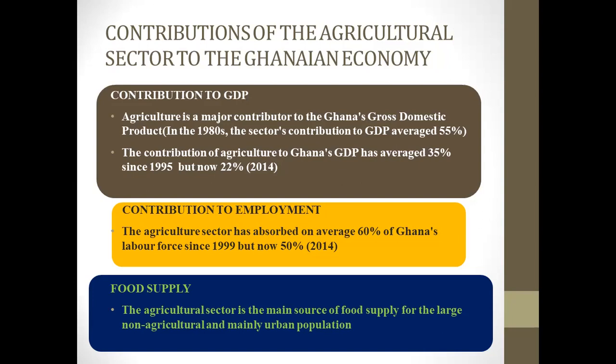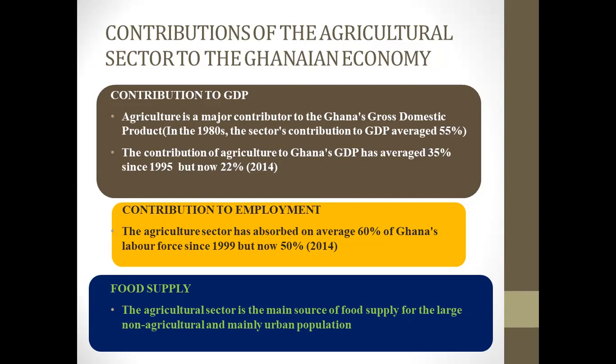So now let's look at the contribution of the agricultural sector to the Ghanaian economy. The first one is its contribution to GDP. The agricultural sector was the major contributor to Ghana's GDP for a period of time, but as you move on, you realize that it has been taken over by the service sector. In the 1980s, the sector's contribution to GDP averaged 55%, contributing most among the other major sectors, which are the industrial and the service sector.